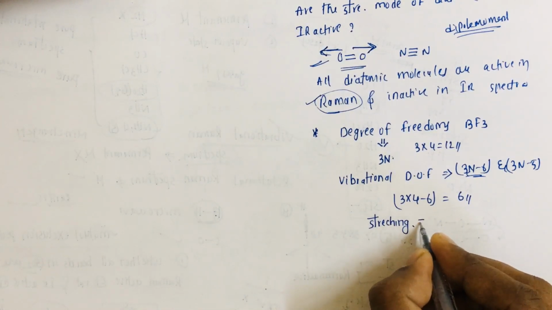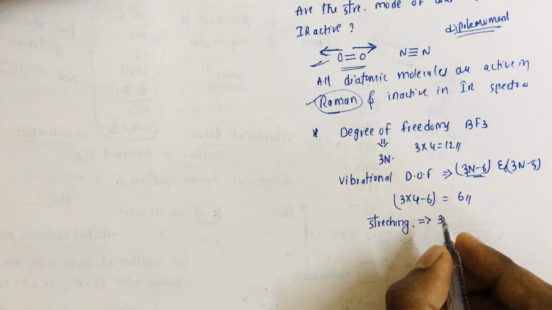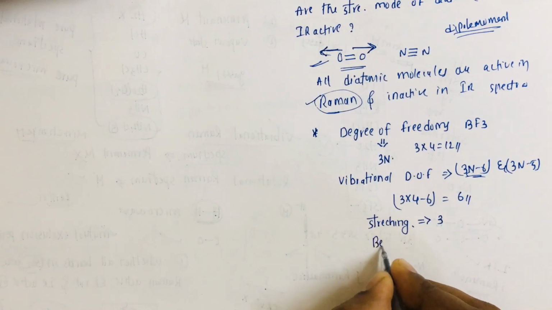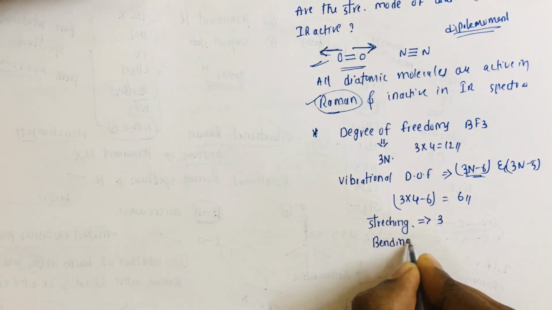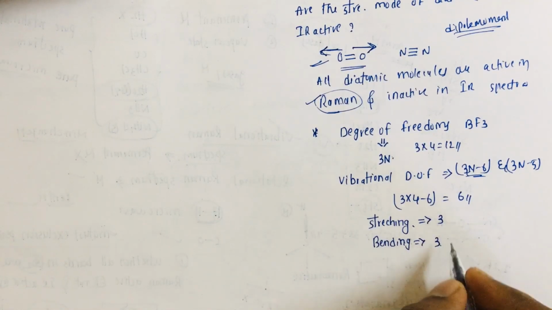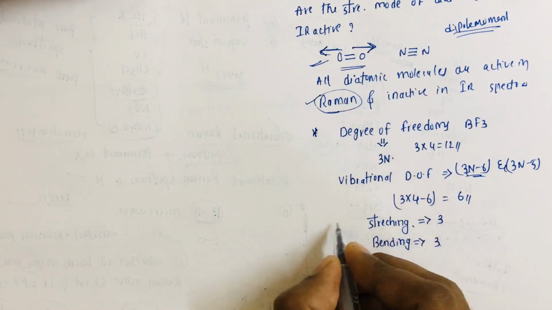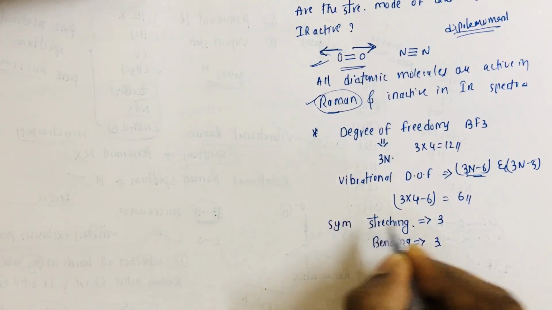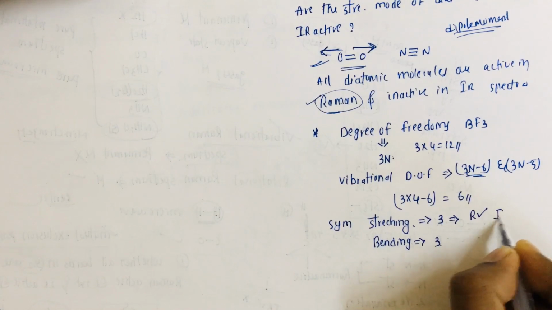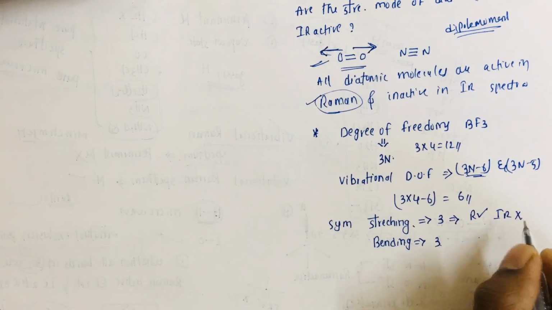Here we have total 3 symmetric stretchings and 3 bendings. Okay, so out of 3, if it is symmetric, that will be Raman active and IR inactive.